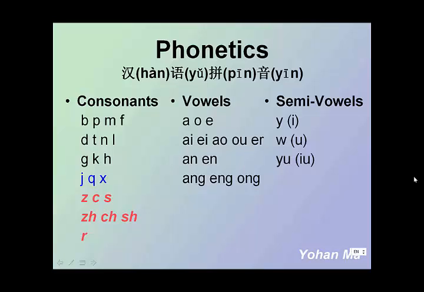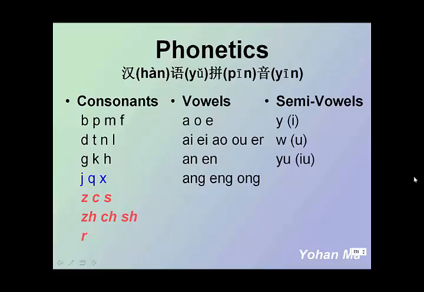The next line is a little bit confusing. Z and H, C and H, S and H. The letter H added to those letters is just to show that you have to curl your tongue backward. Let me show you how it is pronounced. Zh, ch, sh.